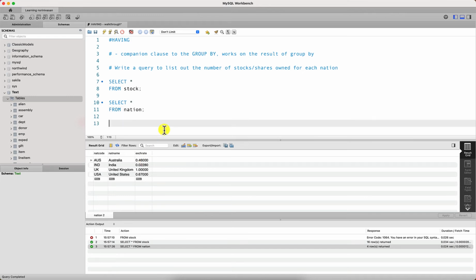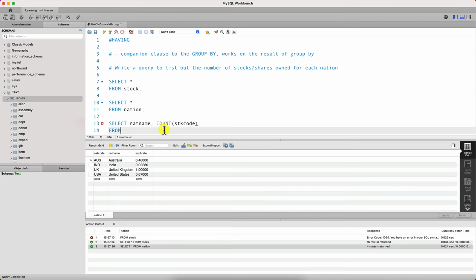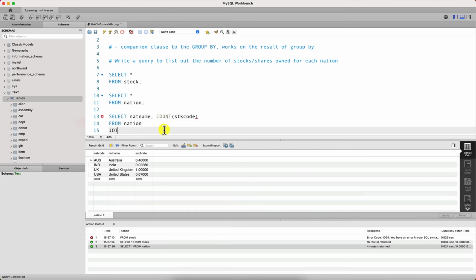If I just want to list out the nation name and the number of stocks owned for each nation, the query would be the following. I would say select NAT name, comma, count of stock code from nation, join stock on nation.natcode is equal to stock.natcode.